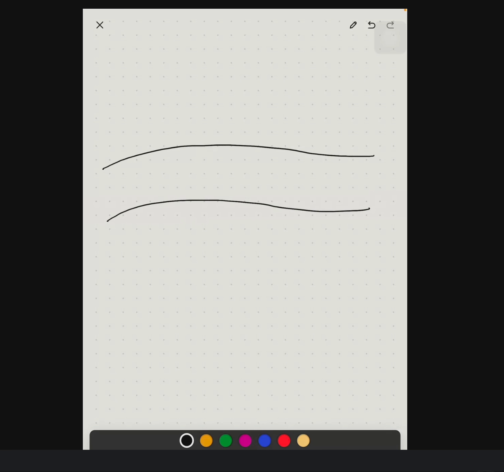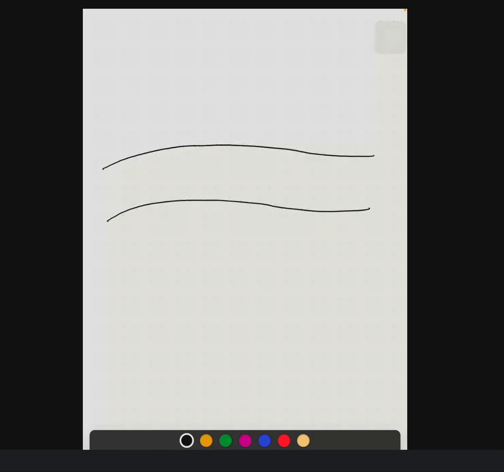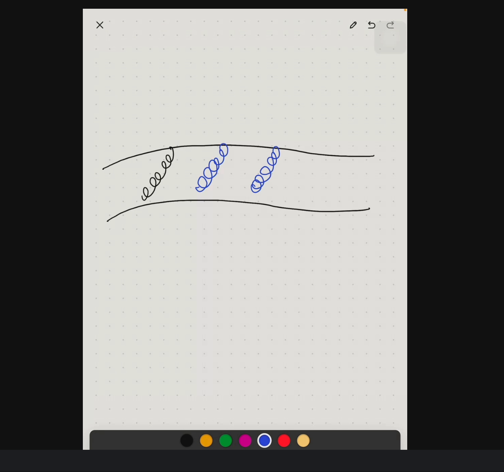So, hepatocytes, these are the cells, and on their membrane, there are certain enzymes that are bound here. They have a helix that keeps them bound to the membrane, and there is this part.